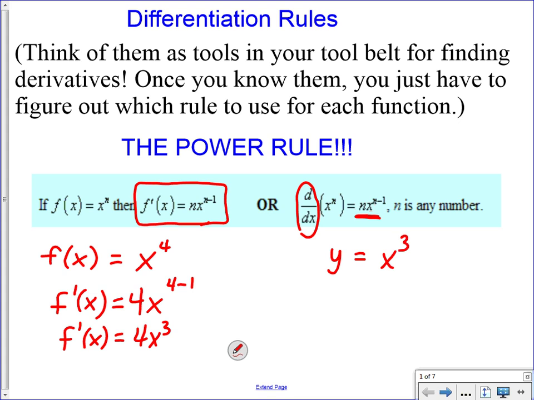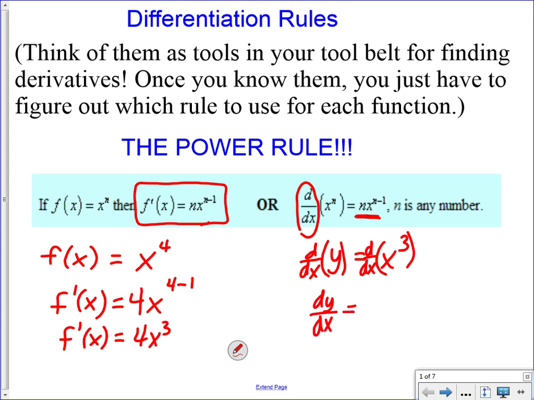So if we want to find the derivative, we would use our derivative operator, this d over dx. Basically, we would just put that notation in front of each side of the equation. It's like when you're solving an equation, what you do to one side, you have to do to the other. So we're going to find the derivative of both sides. The left side, the derivative operator times y, just becomes dy over dx equals.